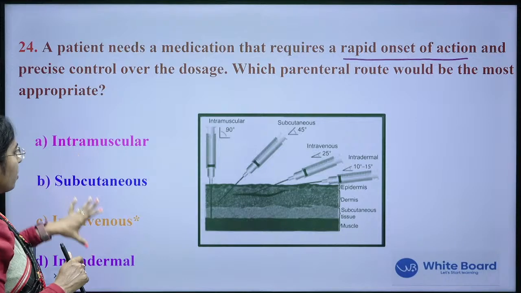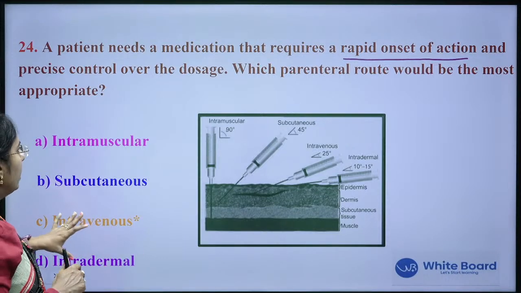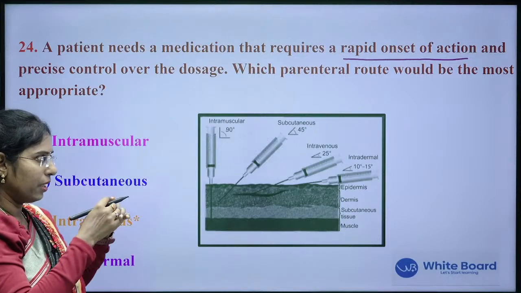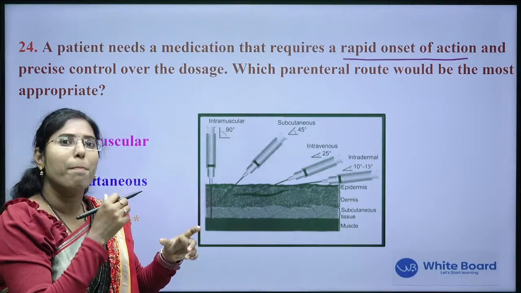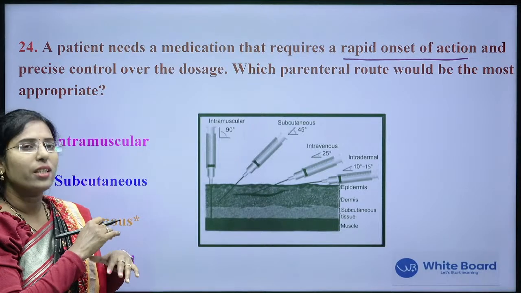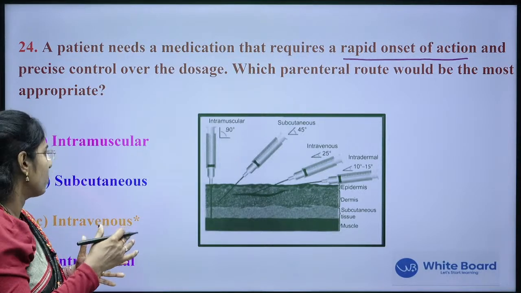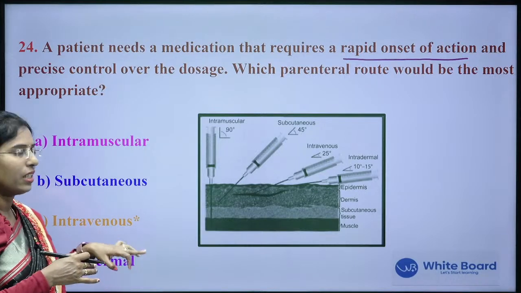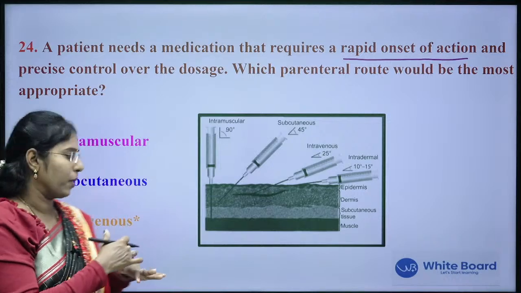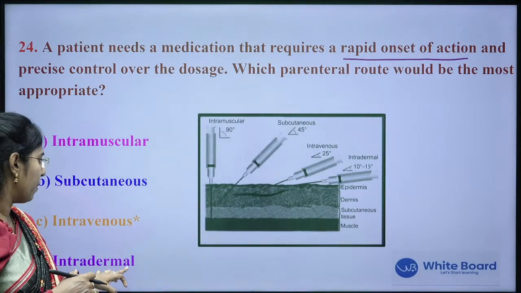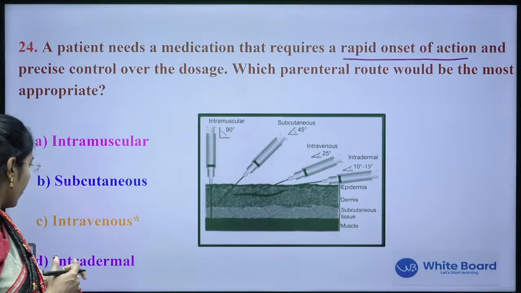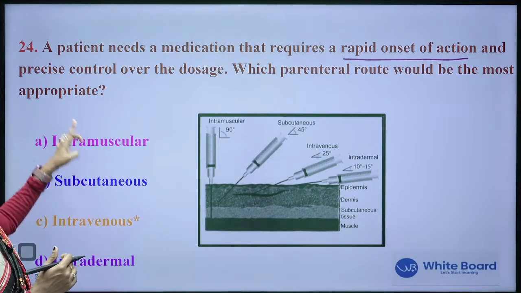Intramuscular means the injection will be given into the muscle. Subcutaneous will be introduced into the subcutaneous tissue. Next, intravenous will be injected directly into the veins, that is the bloodstream. Next, intradermal, nothing but below the epidermis, into the dermis layer.